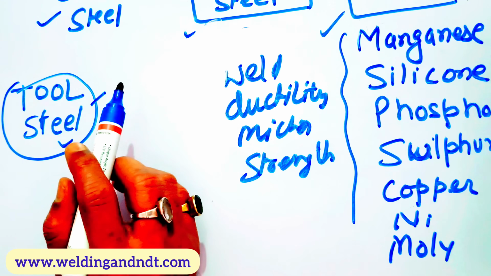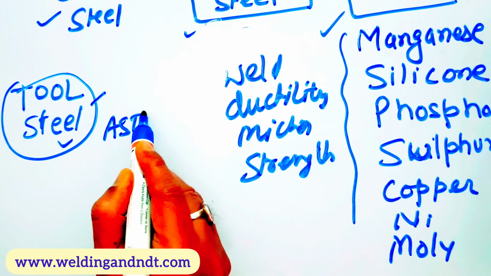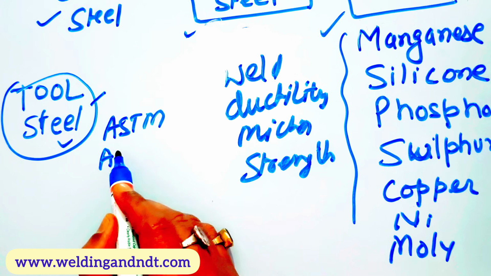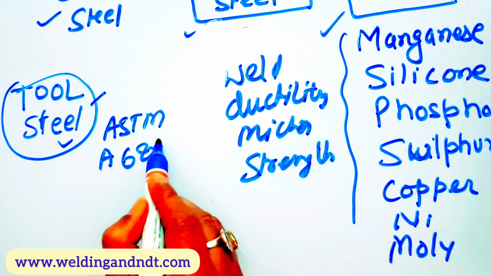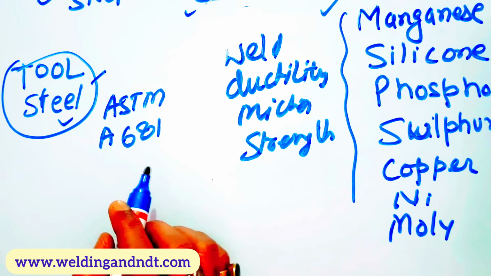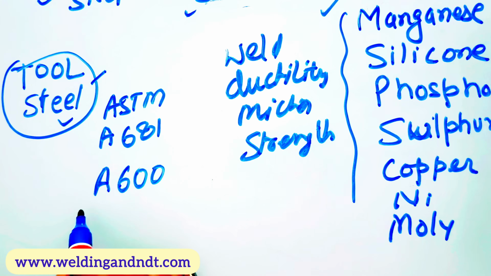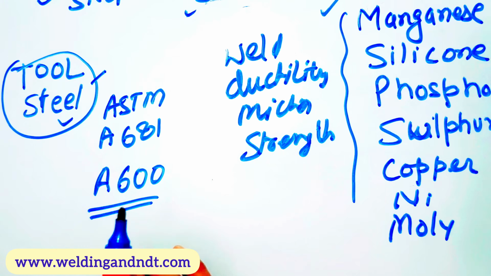And the material grade for tool steel is like ASTM A681. So ASTM A681 is a material grade for tool steel. The second one is ASTM A600. So this is also a grade for tool steel.